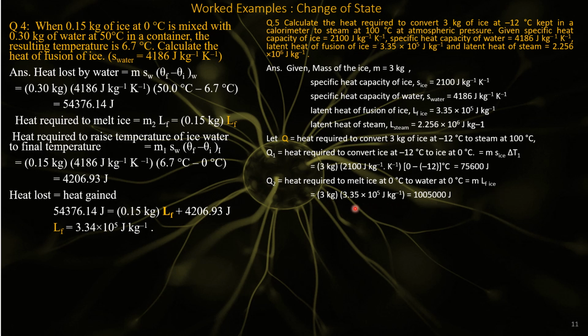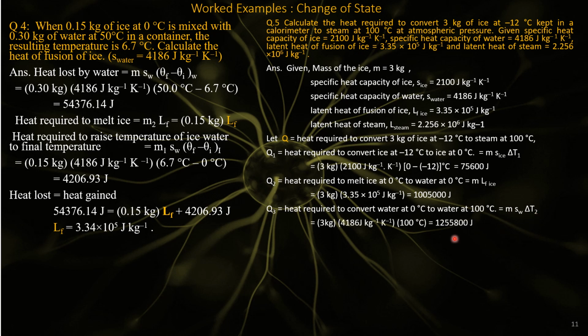The values are given, and we can find Q2 as 1,005,000 joules. Therefore, Q3, the heat required to convert water at 0 degrees Celsius to water at 100 degrees Celsius, is equal to m into SW into delta T2.